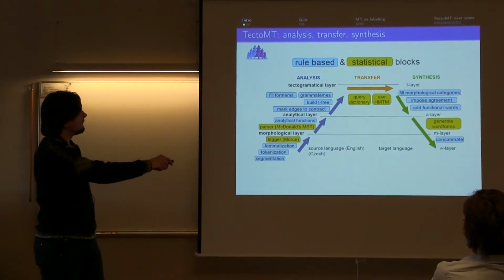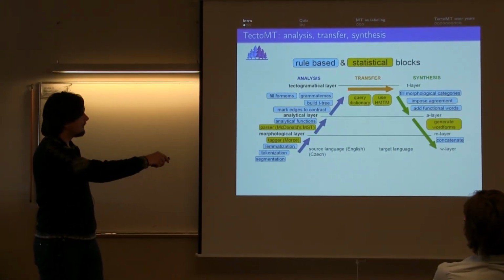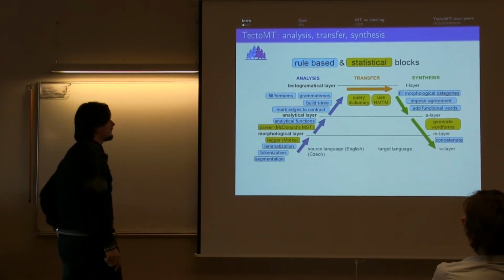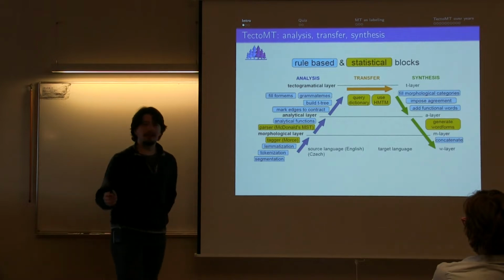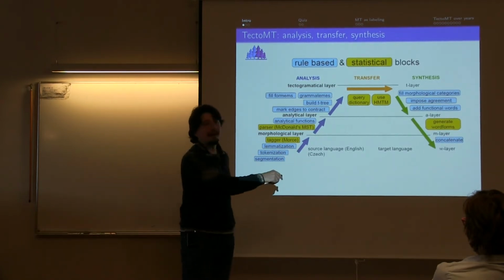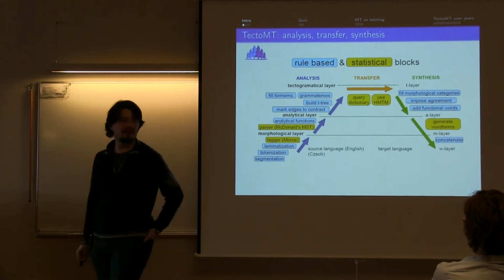And this source language structure is transferred to the target language abstract representation. In this talk, I will focus mostly or only on the transfer part, unlike in my other talks.